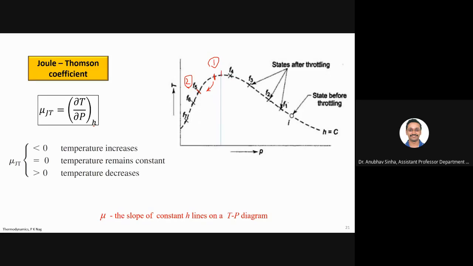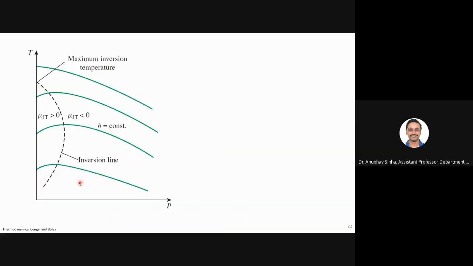On the left part, what is the slope here? Slope is positive or negative? Negative. So the slope is negative, temperature is increasing. Here this slope is positive, right? So temperature is decreasing.